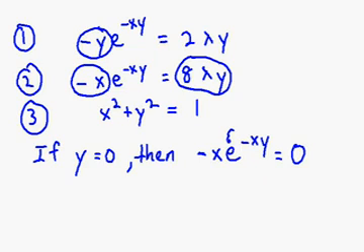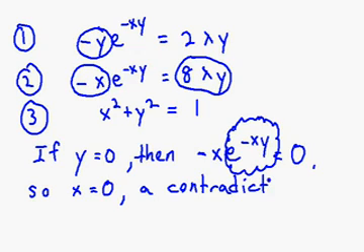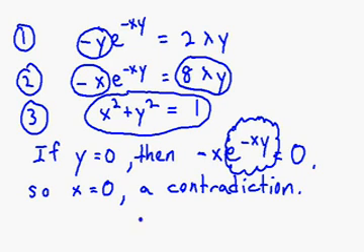But e to the negative xy is never equal to 0, so that would imply x equals 0. But that can't happen. That's a contradiction, because if both x and y are equal to 0, then the third equation is not satisfied. So it can't happen. So dividing by negative y, dividing by negative x, it's okay.